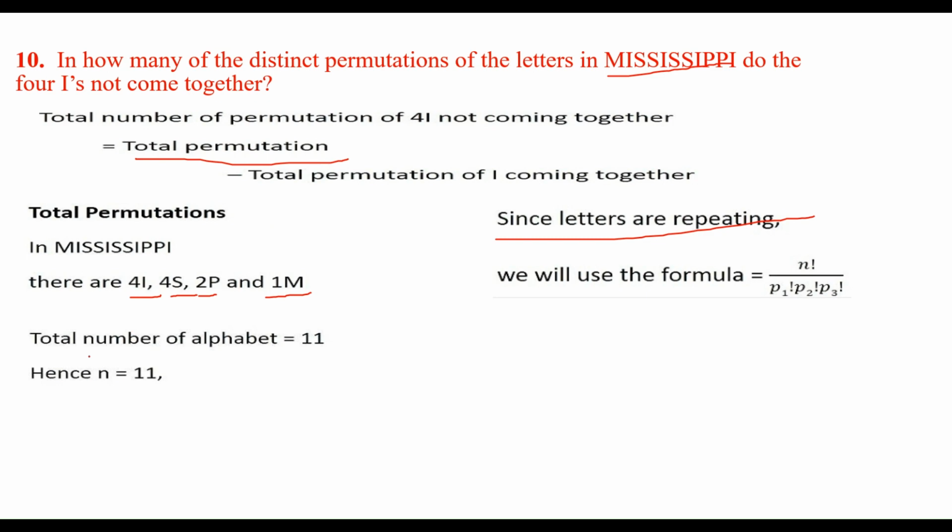So here the number of letters is 11, so n is equal to 11, and there are 4 I's, 4 S's and 2 P's. So p1 is 4, p2 is 4, and p3 is 2.